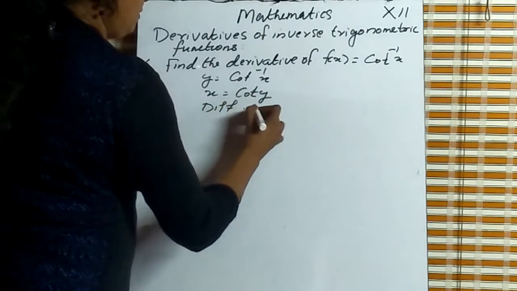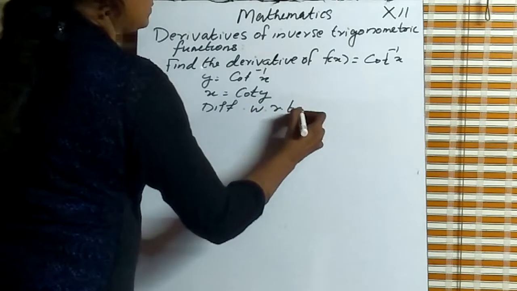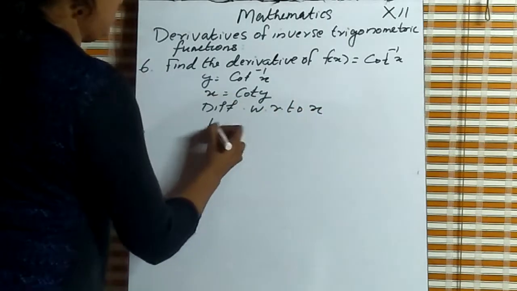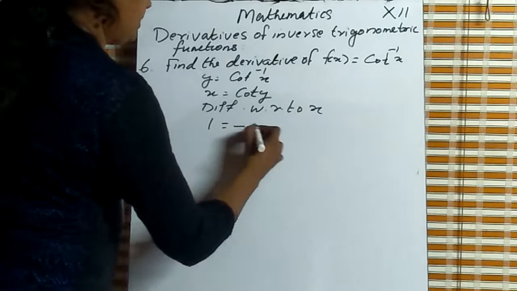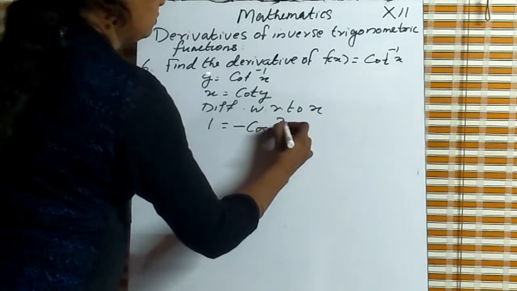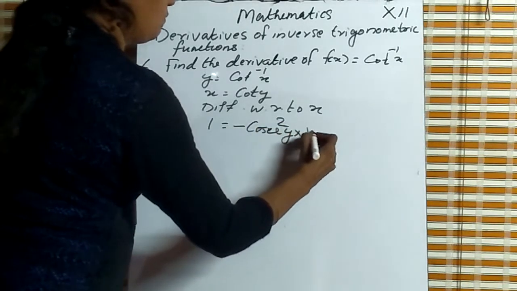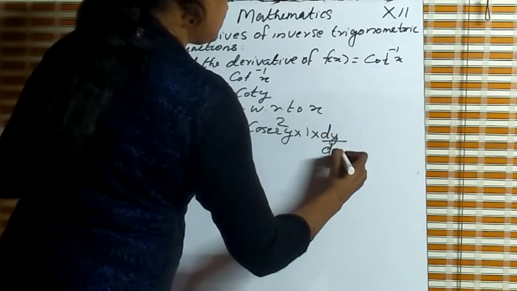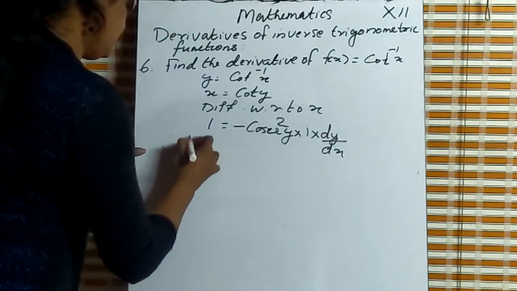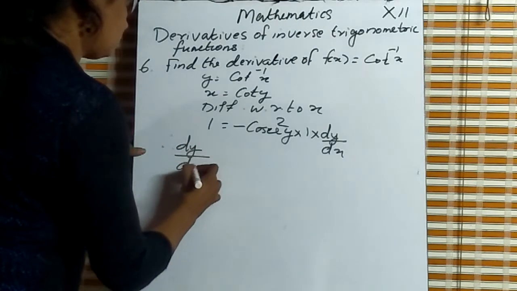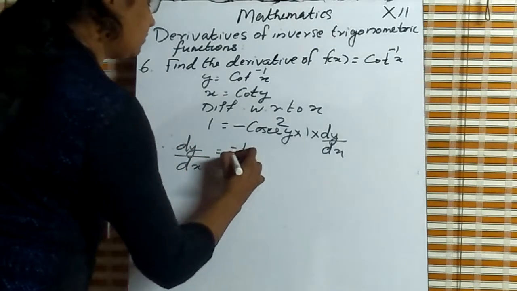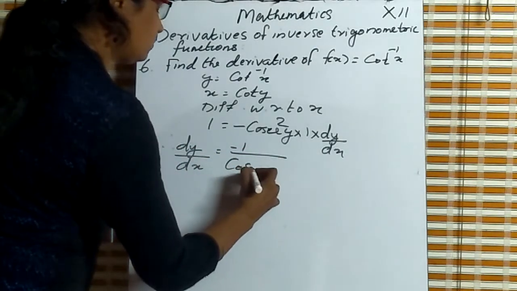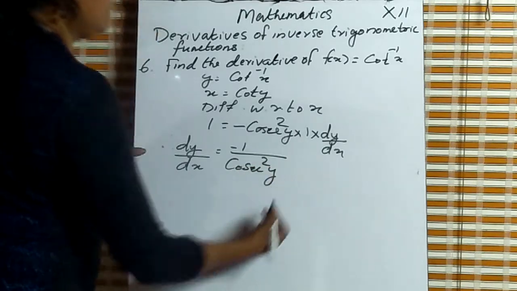Differentiating with respect to x, 1 is equal to minus cosec square y into 1 into dy by dx. Therefore, dy by dx is equal to minus 1 by cosec square y.